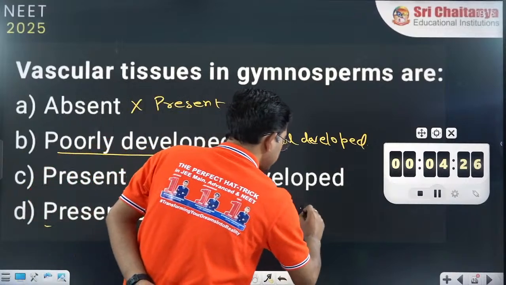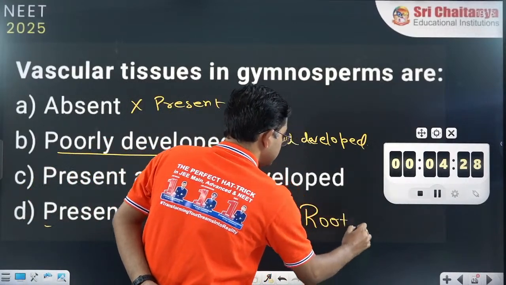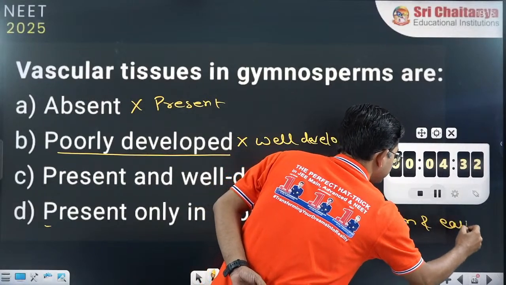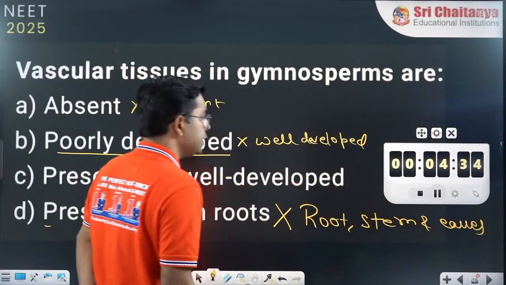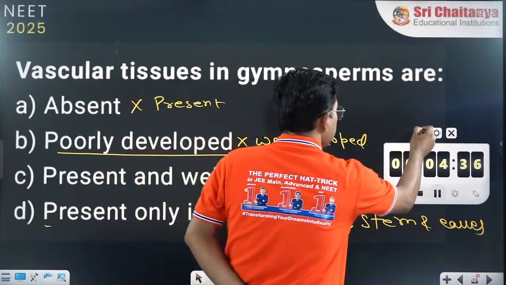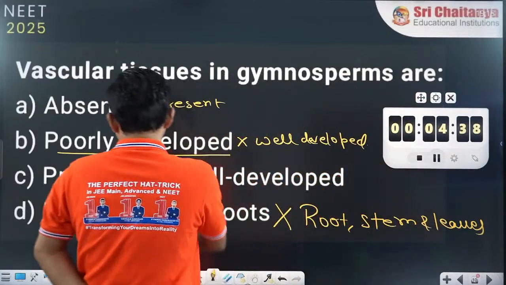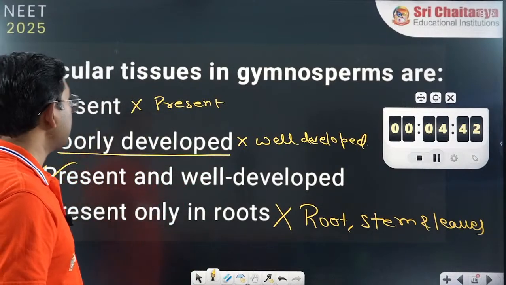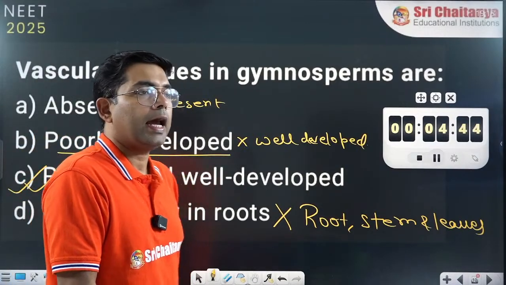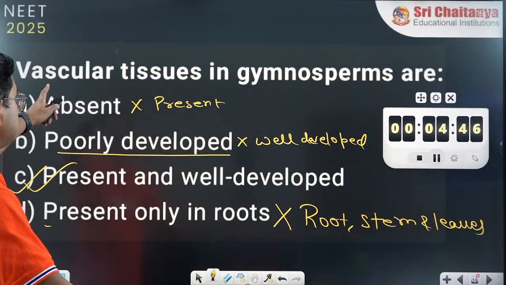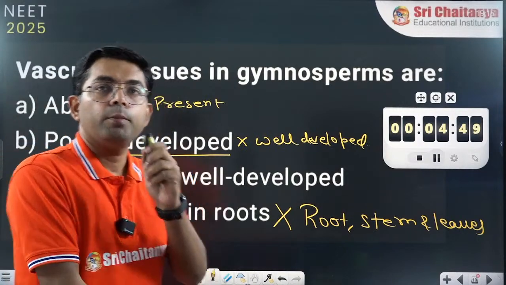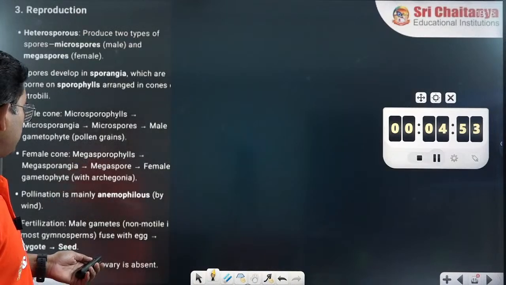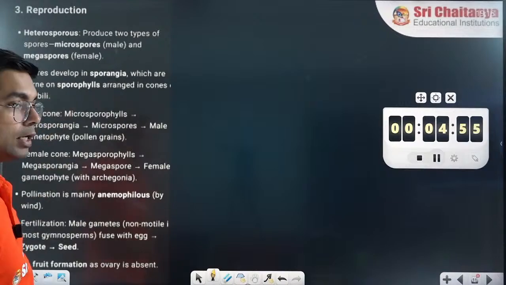No, it is present in root, stem and leaves, in all. So the correct answer is that vascular tissue is present and well developed. C, vascular tissue is present and well developed. Next question, okay, after covering this part.